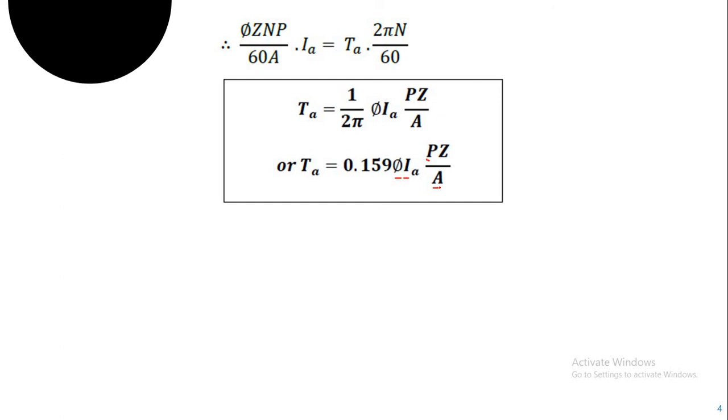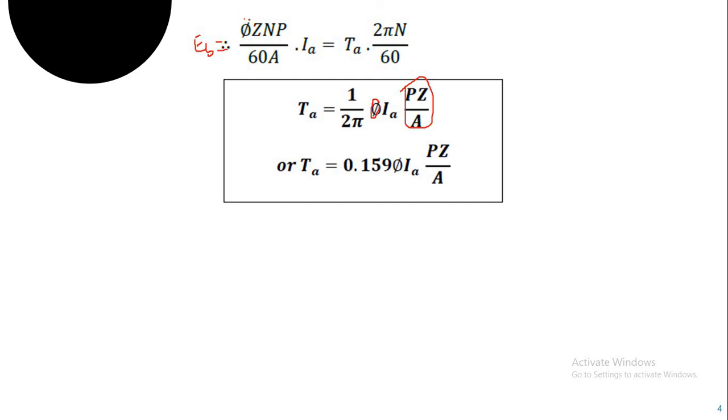Just for your extra knowledge, we can get an alternative equation of armature torque. Instead of writing phi P Z by A, I'll represent it with the help of the back EMF equation, where EB is given by phi P N Z by 60A.